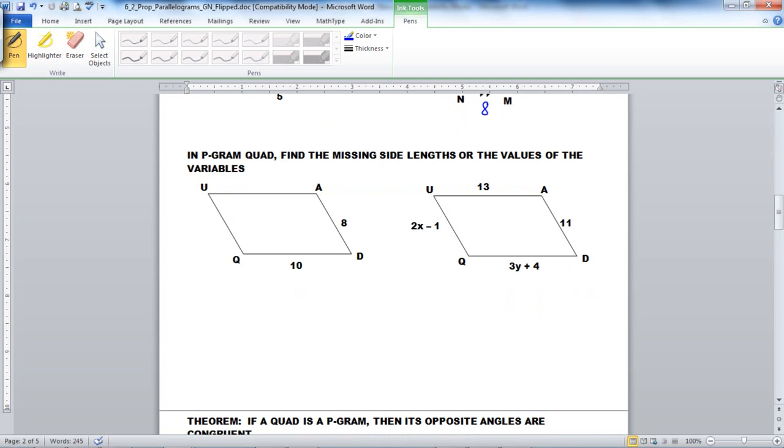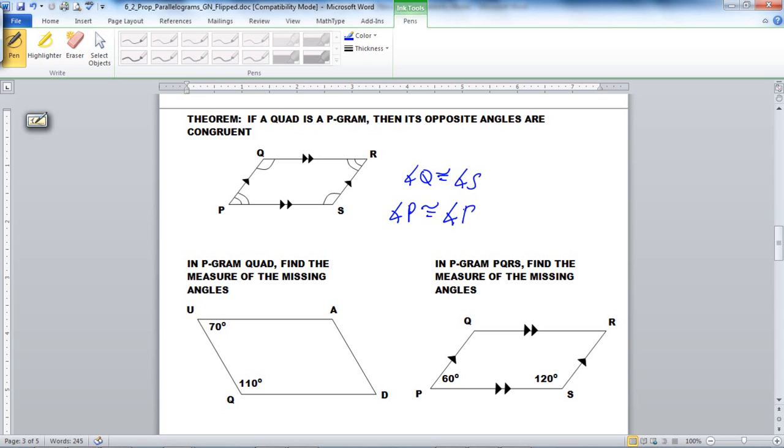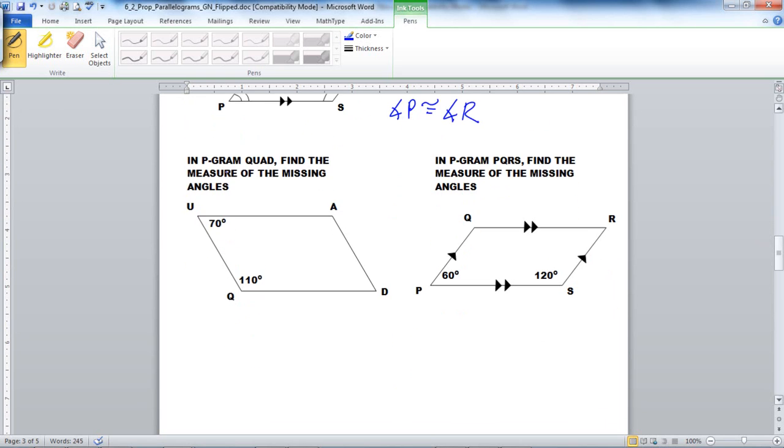The third part of a parallelogram is that the opposite angles are also congruent. That is this right here. So I can say angle Q is congruent to angle S, and angle P is congruent to angle R. So knowing that, in a parallelogram, find the measure of the missing angles.